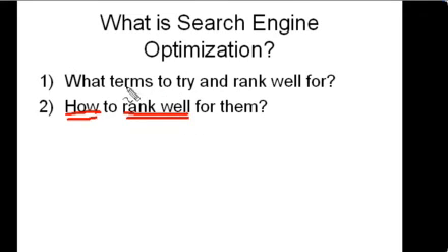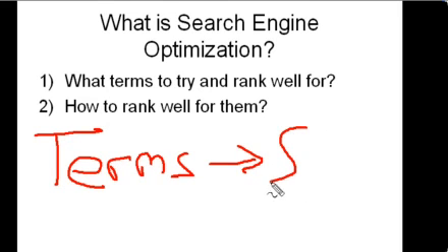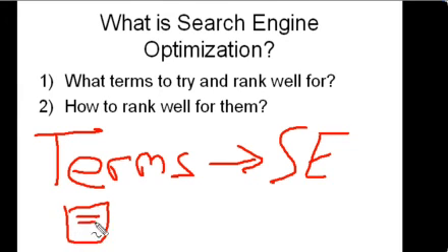It's very nice to know what I want to rank for. This is a what question right here. What do we want to rank for? But then once we know the what, we then have to say how. What do I have to do to rank well? So search engine optimization is nothing more than just figuring out what terms you want to rank for in the search engines, and then designing your site in such a way that you will rank for those terms.